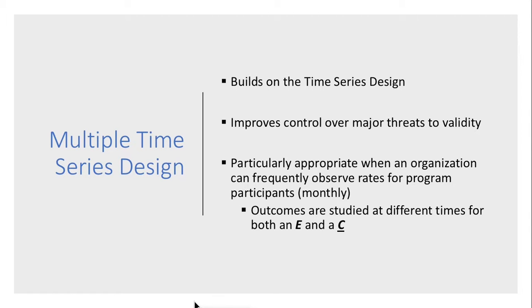All right, wrapping up our discussion of quasi-experimental designs, a multiple time series design actually builds on the time series design by adding a control group, so that helps improve the validity of the study, particularly the internal validity.